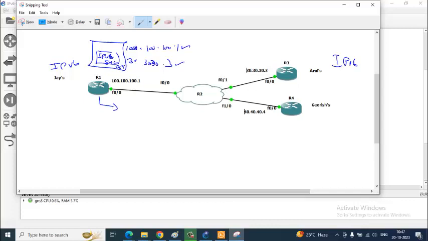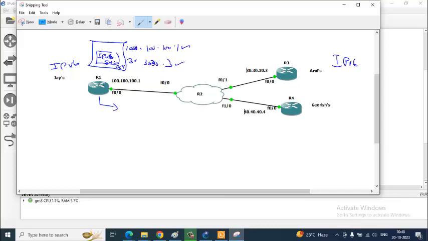Fine. Now, how are we going to achieve this? What is the challenge in achieving this? The challenge is how R1 knows that in order to talk to IPv6 in Arul's network, I need to go to 30.30.30.3. How does Jay's router know that?